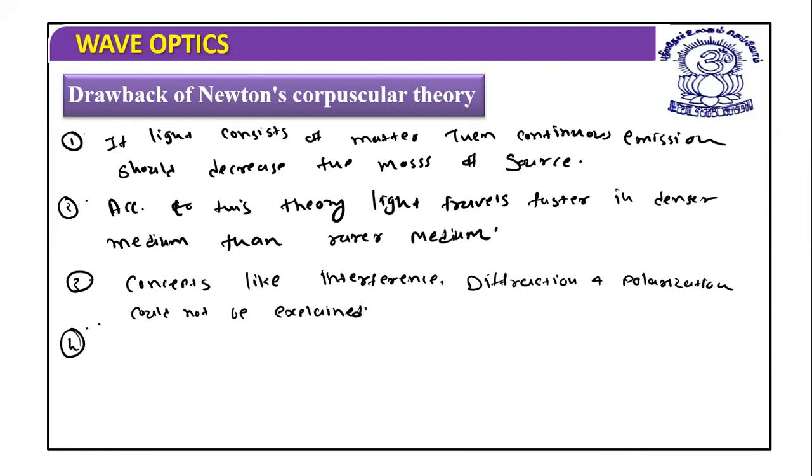The fourth point is it could not explain the partial reflection and partial refraction of light at the same time, because it says that light consists of particles.